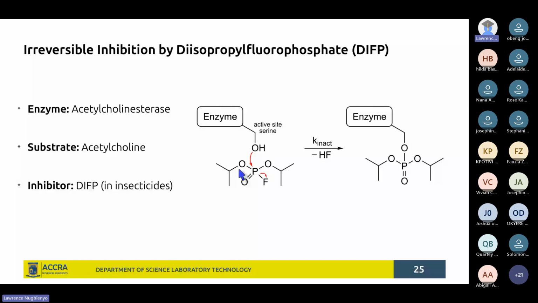That paralytic effect is caused in the insect because the enzymatic reaction responsible for muscle contraction and relaxation is disrupted.